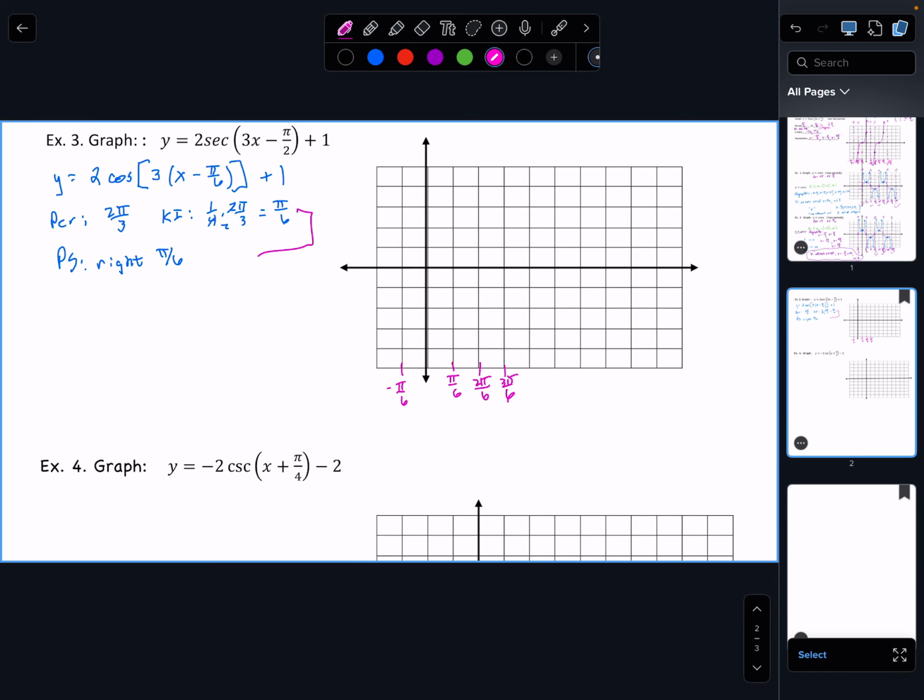But now we are going right pi 6, and you need to go, you have a vertical shift of up 1. So each of these points needs to go to the right pi 6, which is 1 unit, and up 1.